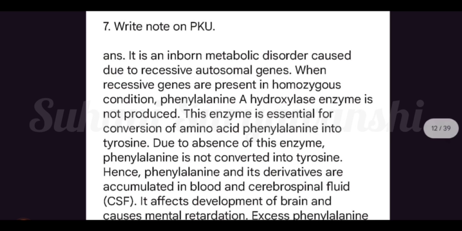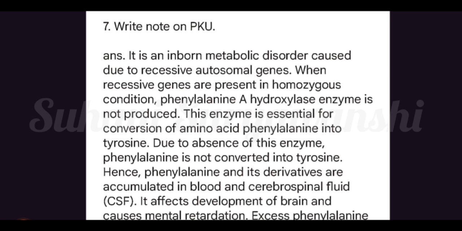Answer: it is an inborn metabolic disorder caused due to recessive autosomal genes. When recessive genes are present in homozygous condition, phenylalanine hydroxylase enzyme is not produced. This enzyme is essential for conversion of amino acid phenylalanine into tyrosine.